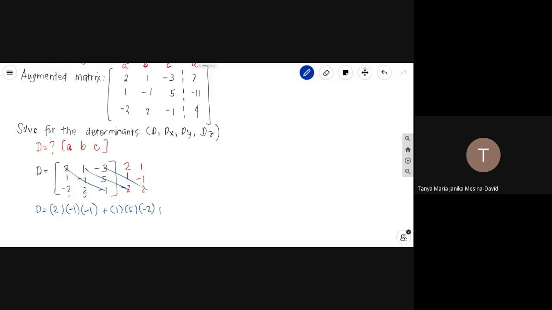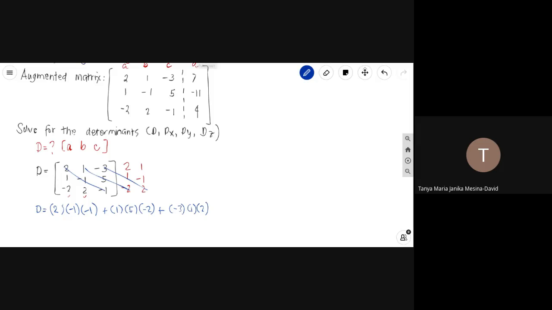And then I will add the product of the third diagonal, negative 3 times 1 times 2. Always remember that you have to be very careful in writing the digits and to not forget to write the signs of the numbers. Or else, if you make a mistake in one, then a lot of the steps will be a mistake already if you continue doing it.